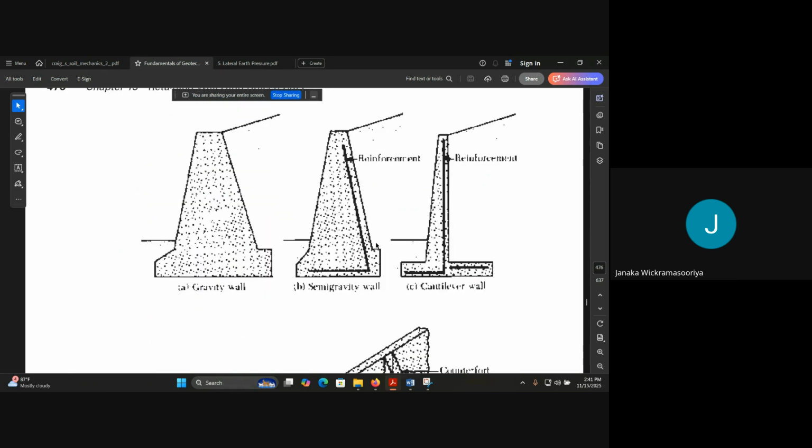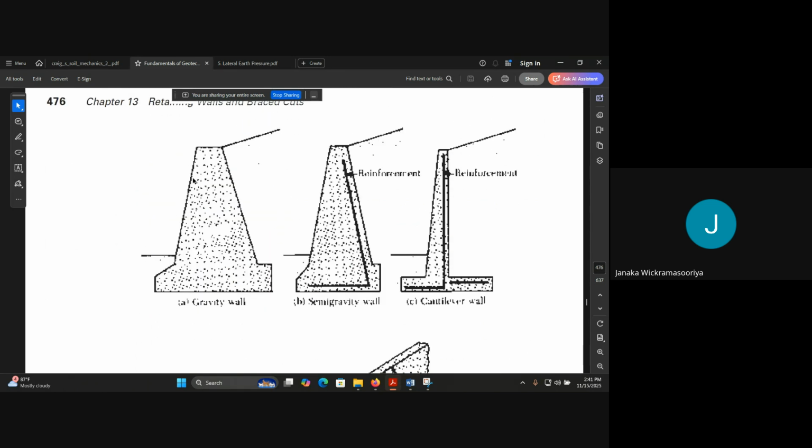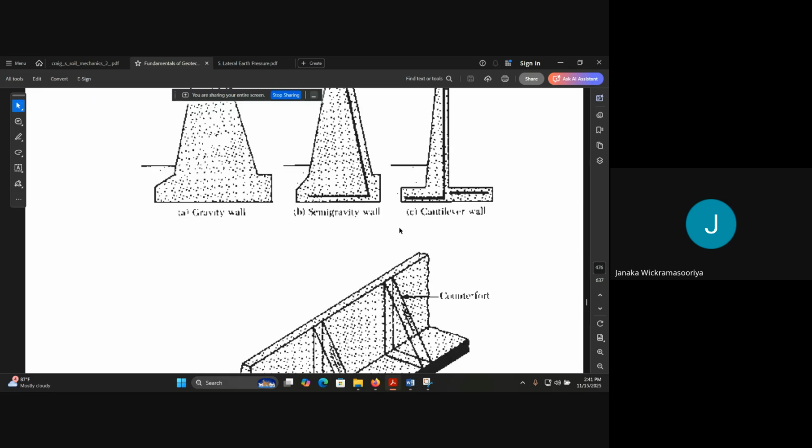Gravity retaining walls. Now, this is the gravity retaining wall, and this is called semi-gravity retaining wall. Semi-gravity means there's a reinforcement part, and a cantilever wall. The section is very much thin compared to gravity wall, and the cantilever action is applied here.